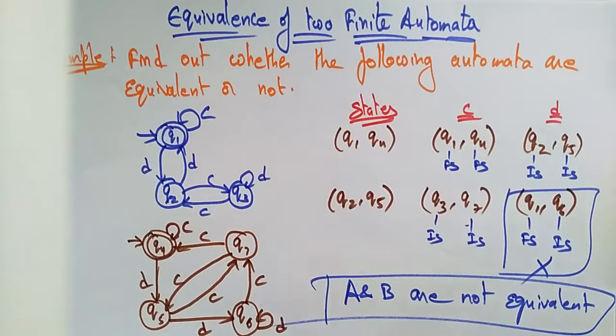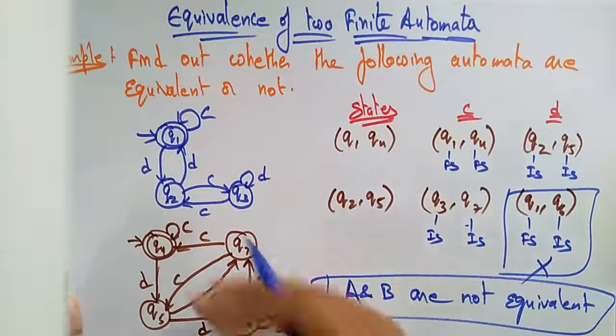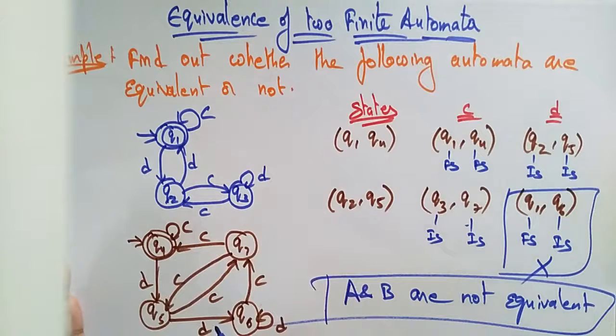So this is the main condition to remember: to find out whether two automata are equivalent, if every pair shows equivalence, you need to check until the end of all the pairs.